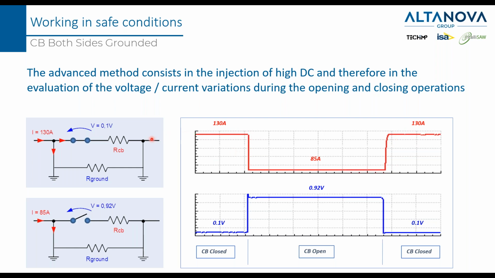You see, when the circuit breaker is still closed, the current is flowing. In this example, it is 130 amp. Then it opens, so the resistance increases because the current will flow only in the ground. So there is a current drop. Then you close again, and the current can return to a higher value. So if I'm able to detect this variation, I'm able to perform the time measurement.